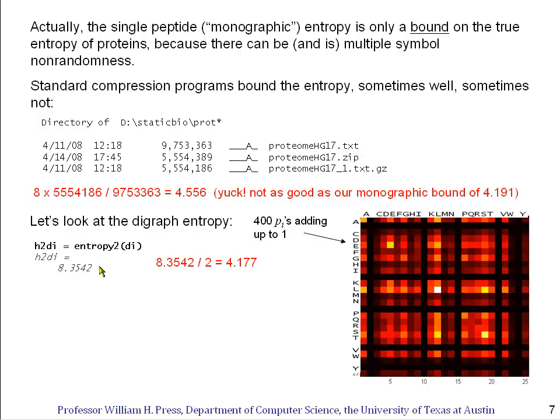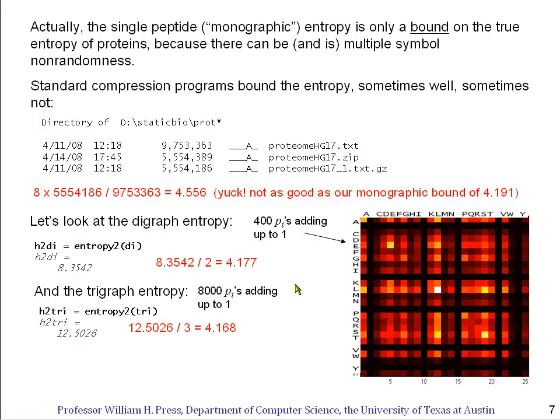So to see what's the equivalent monographic entropy, we would divide that by 2 and get 4.177. Indeed, that's lower than our calculation previously, 4.191 up here, and it shows that there is some additional information in the second order statistics, in the digraph statistics of the amino acids.